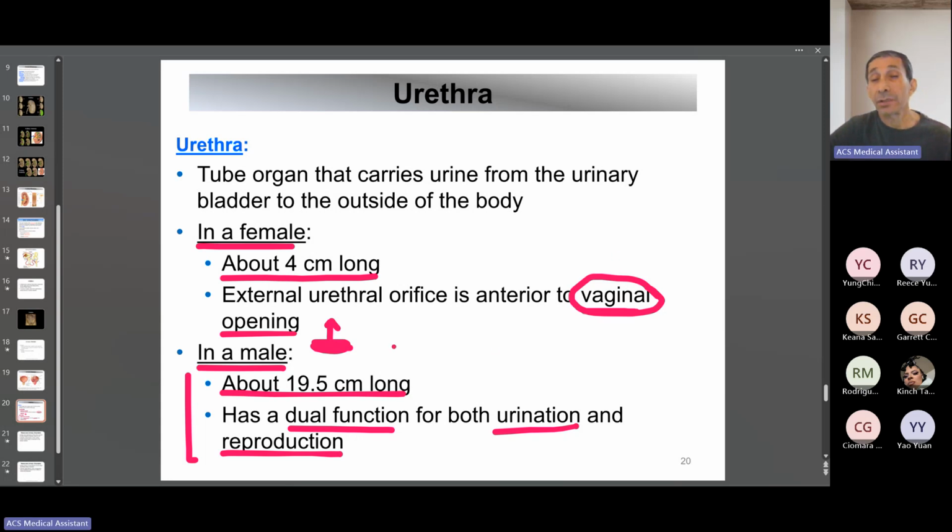And remember, feces are waste. That's what causes most of the urinary tract infections in females, because the urethra is so short. So when the patient wipes after moving their bowels, if you don't wipe correctly, you wipe yourself from back to the front.